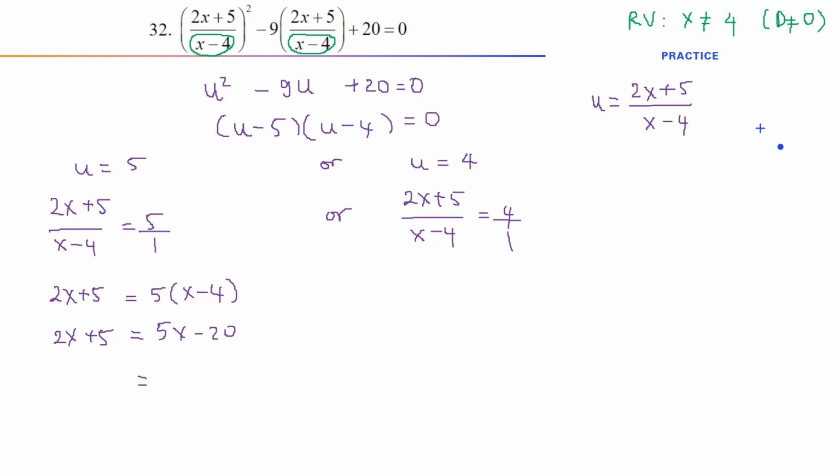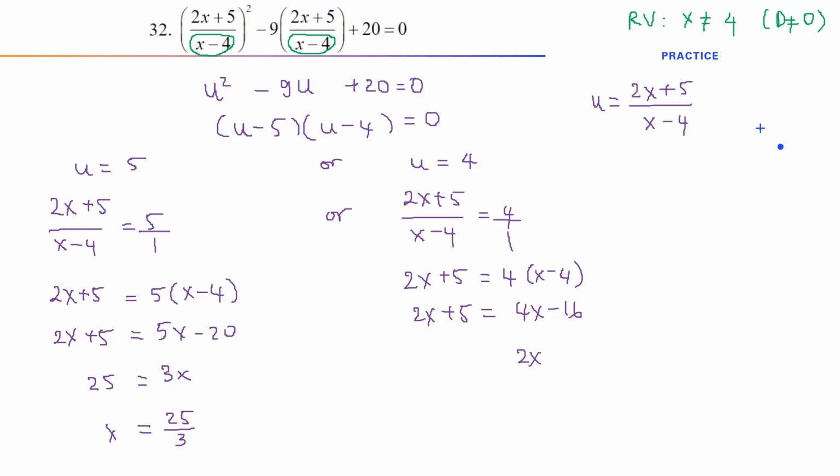Now 3x equals 25. X equals 25 divided by 3. On another side we have 2x plus 5 equals 4 times x minus 4. 2x plus 5 equals 4x minus 16. 2x equals 21.